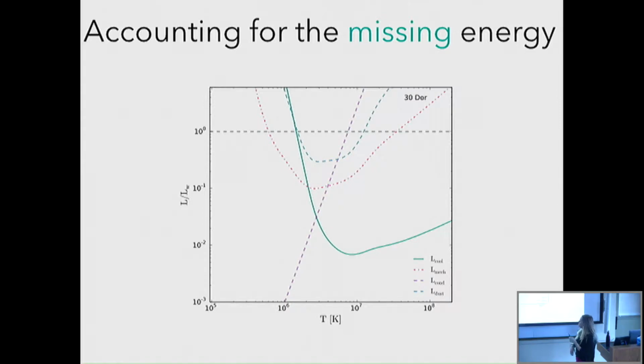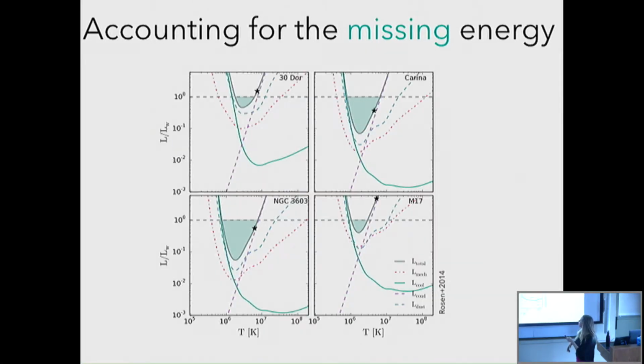And then we do a simple accounting exercise, which is just to add up these contributions. And we can see here, even considering along these certain temperatures, we could still be missing some of the energy. But what we find is under our most conservative estimates, we can actually account for all the energy in 30 Doradus and M17. But we're still missing energy in Carina and NGC 3603.